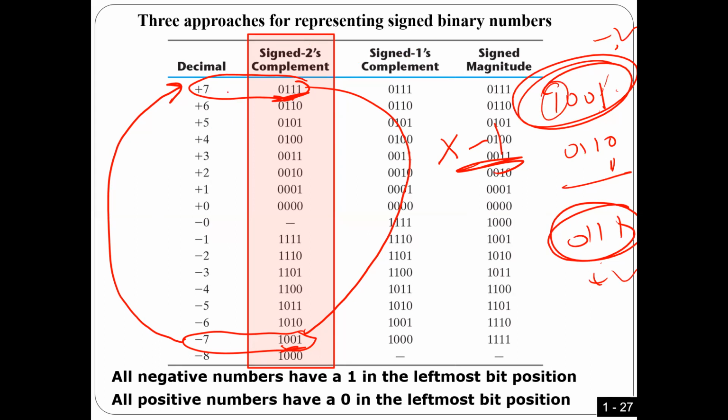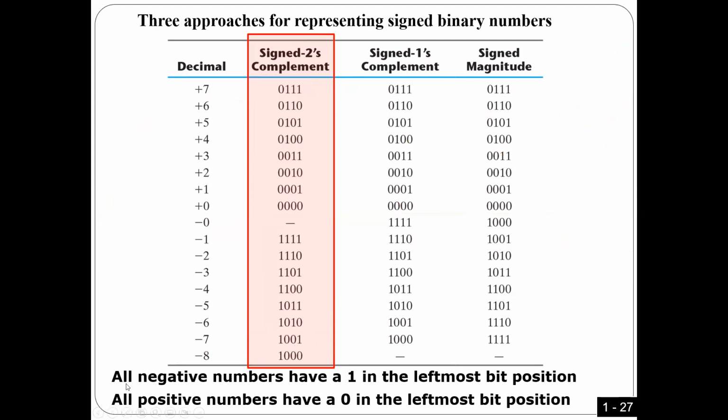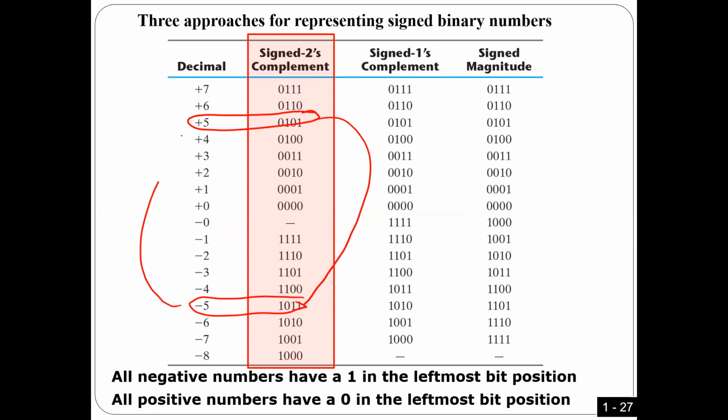Let's have another example just to convince you. For example, here, this is a positive 5. If you calculate the 2's complement of positive 5, you are going to get negative 5. If you calculate the 2's complement of negative 5, you are going to get positive 5. The 2's comes from 2 complement, or the second complement, whatever you call it.